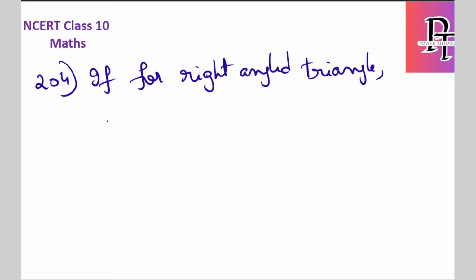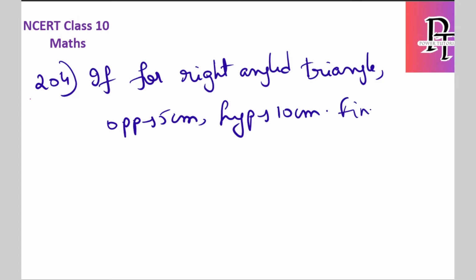Opposite side is 5. Hypotenuse is 10. Find sin x. So here we have to keep the x opposite to the side 5. If I say this is theta, then the opposite here is 5 and the hypotenuse is 10.